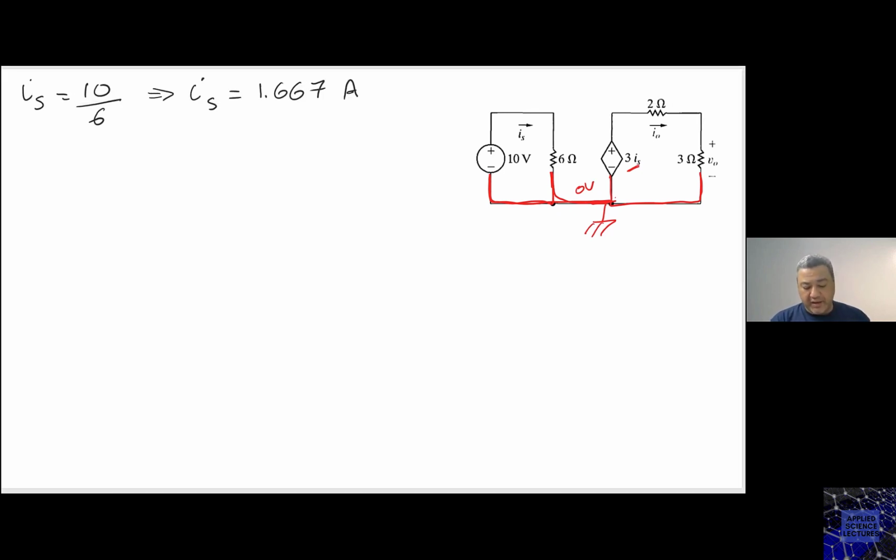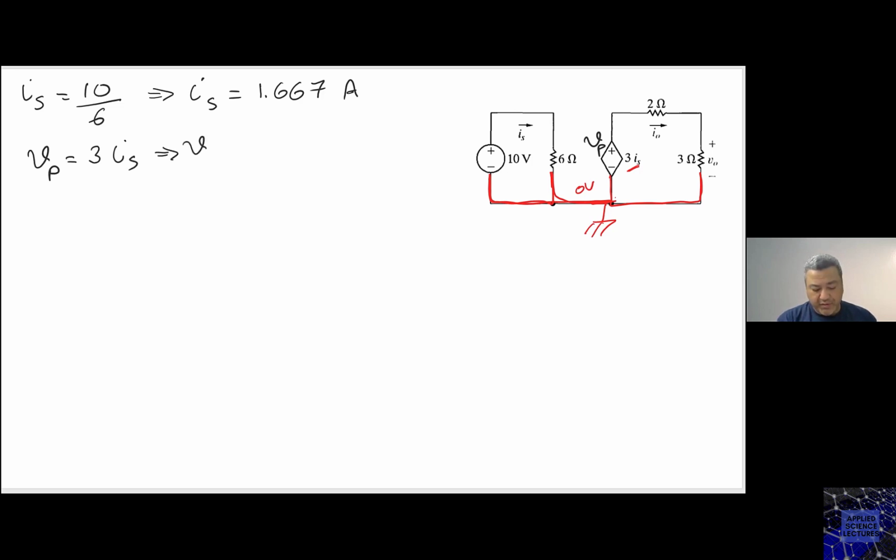So we found IS because 10 volt is across the 6 ohm. After we found IS, now we can find this voltage. Let me call this one VP, and this VP is 3IS.